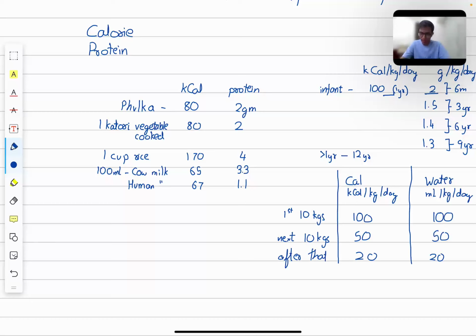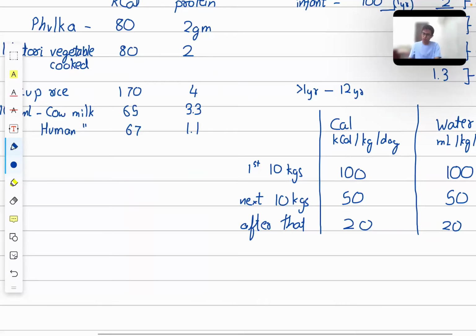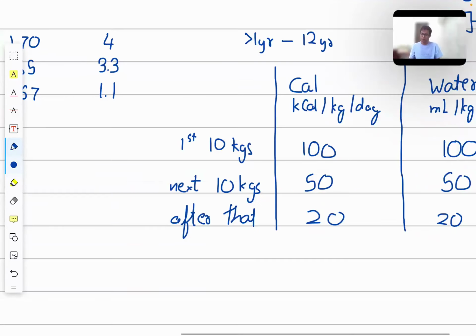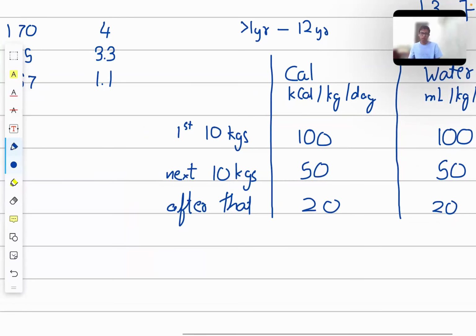So for example, suppose your child weighs 16 kgs and he is 2 years old. You have to calculate the calorie requirement, the expected calorie requirement. Also, one point to note here is when I say 16 kgs, it is not the observed weight, it is rather the expected weight that we have calculated from the growth chart.